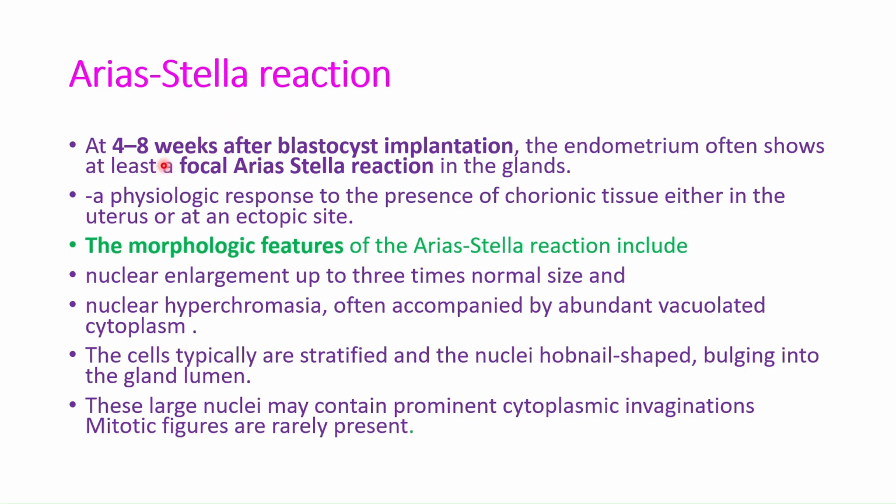This is generally seen at 4 to 8 weeks after blastocyst implantation, and it is a physiologic response to the presence of chorionic tissue either in the uterus or at an ectopic site. Morphologically, this reaction includes nuclear enlargement up to 3 times normal size, nuclear hyperchromasia with abundant vacuolated cytoplasm.